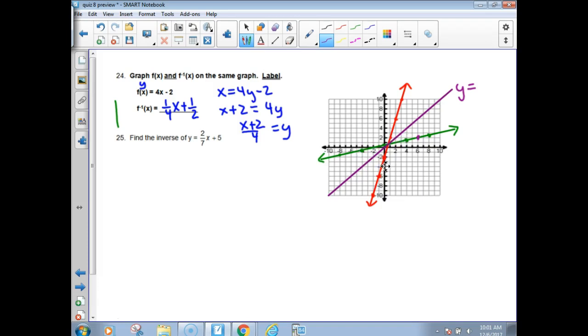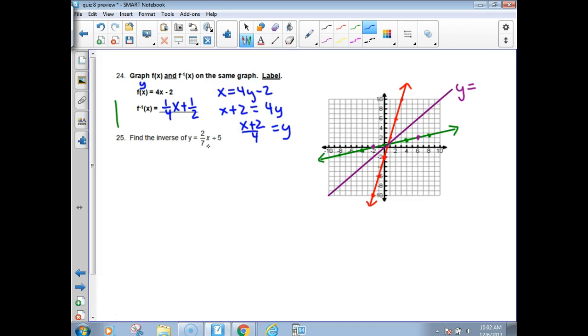Oh, that's the wrong one. Excuse me, I want to do my red one. 0, -2. So -2, 0 should be on it. It is right there. Okay, so another way to do this is to get nice points from this one and then plot them and graph the other line. Okay, but we had to solve for x once we've switched x and y.